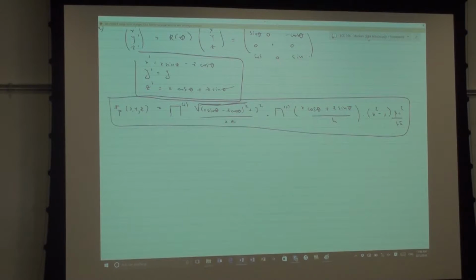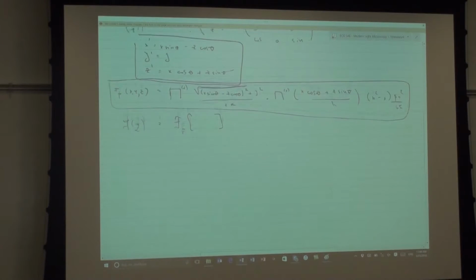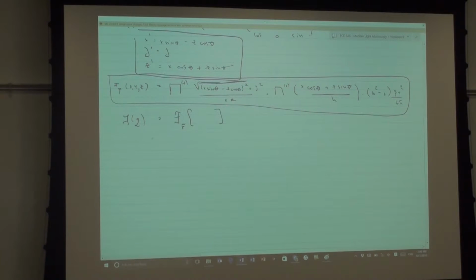So which means that I can write my q's. So basically my F of q is nothing more than the Fourier transform of this, with respect to r. And your new q prime will be also rotated.